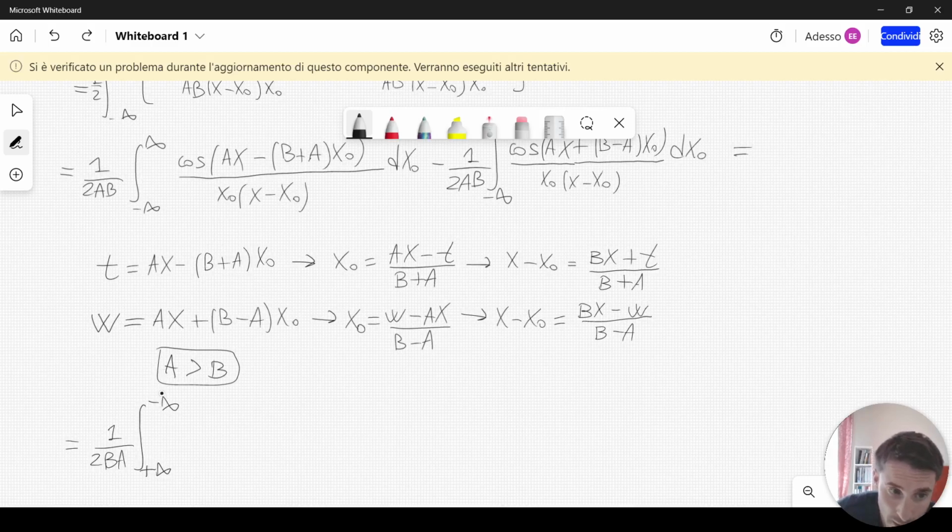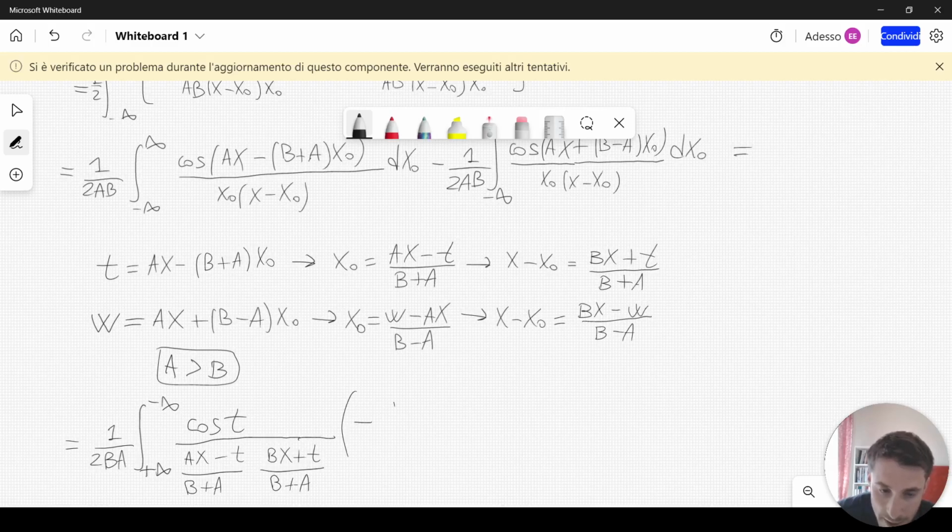And of course, here you will have minus infinity when x0 is equal to plus infinity. t will go to minus infinity due to this minus sign. So here you have the cosine of t divided by ax minus t divided by b plus a, and then bx plus t divided by b plus a, and then minus dt divided by b plus a.